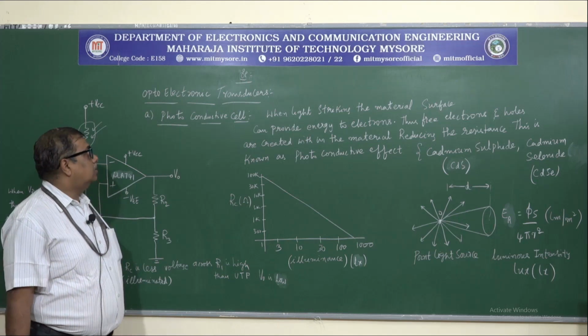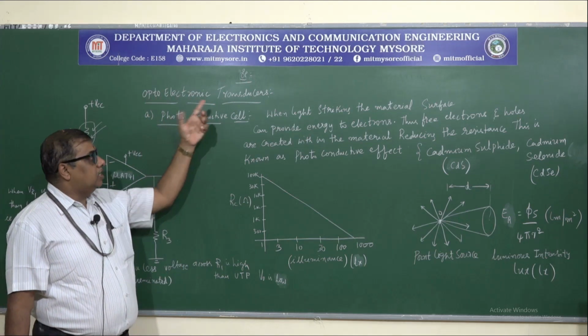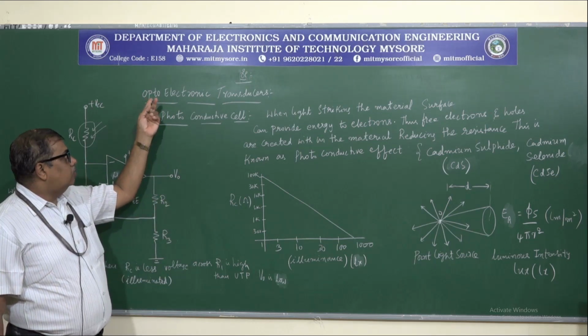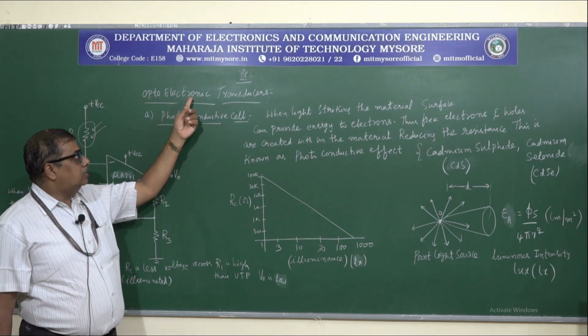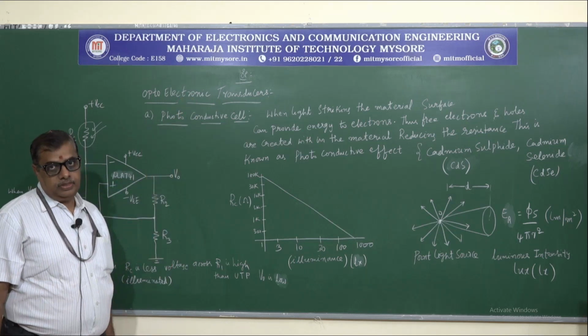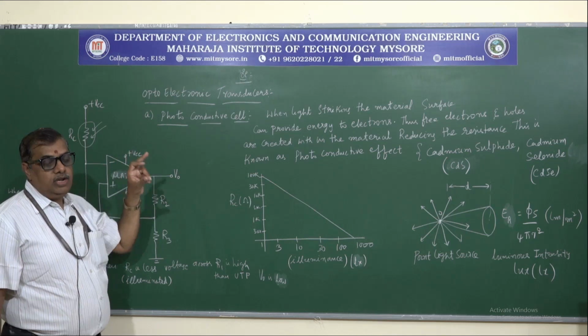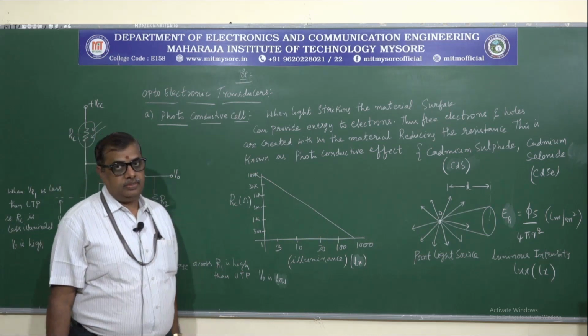Okay. So, next we will go for the next type of transducers. They are called optoelectronic transducers. Now here there are two words, one is opto and the other is electronic. Opto means light. So these transducers work on the light principle.